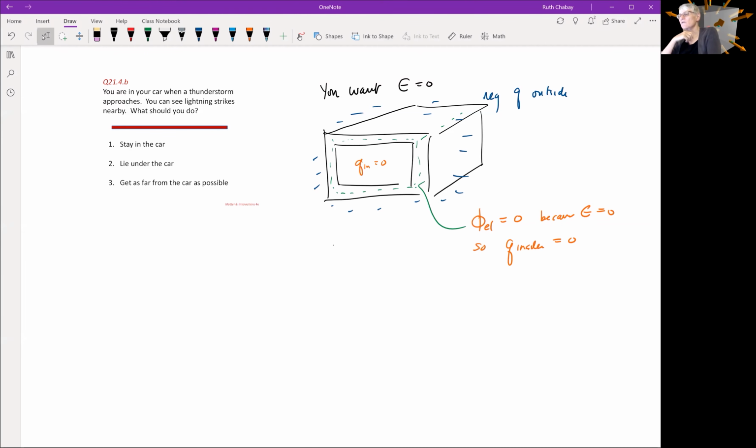So you're much safer staying in the car than you are getting out and having a chance of being exposed to large amounts of charge and current. So well done.